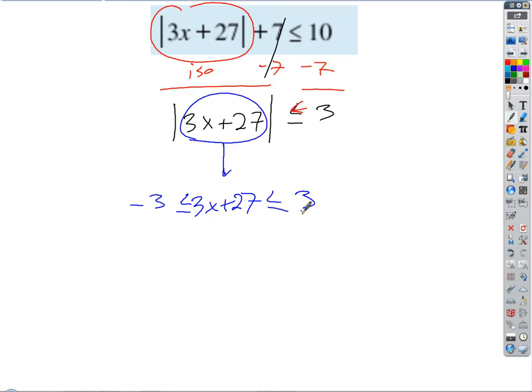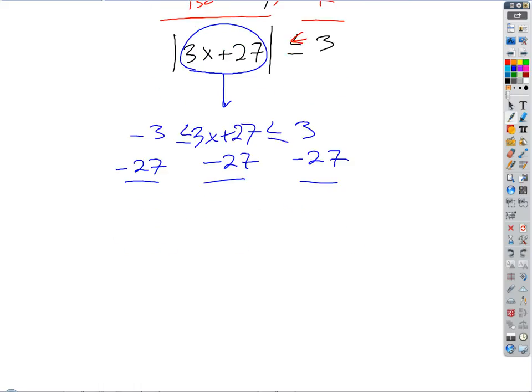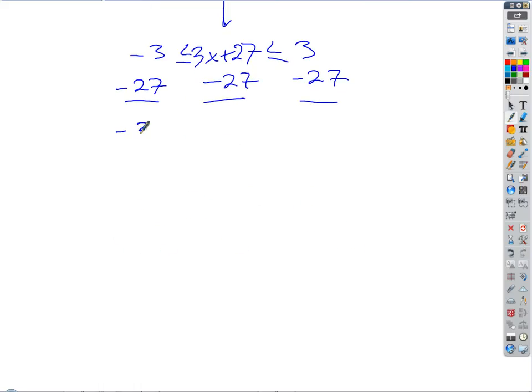Okay, good. So now what do I do to get the x by itself? Same kinds of steps I would always do, only I'm going to do them to all three parts. So we subtract 27, and if I do that, we get -33, x, and 24.